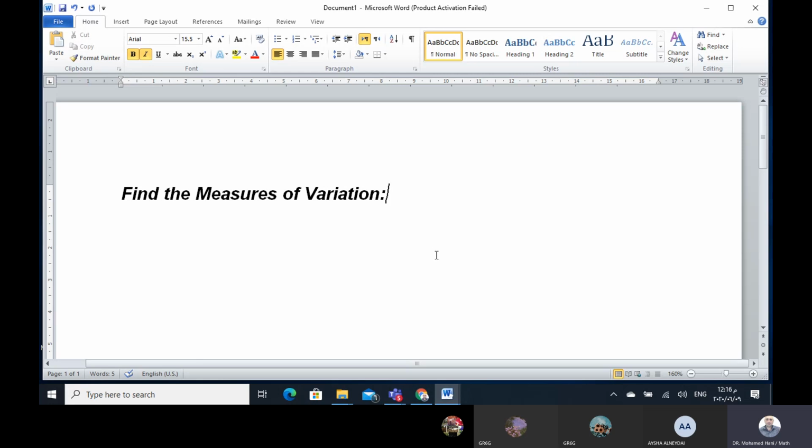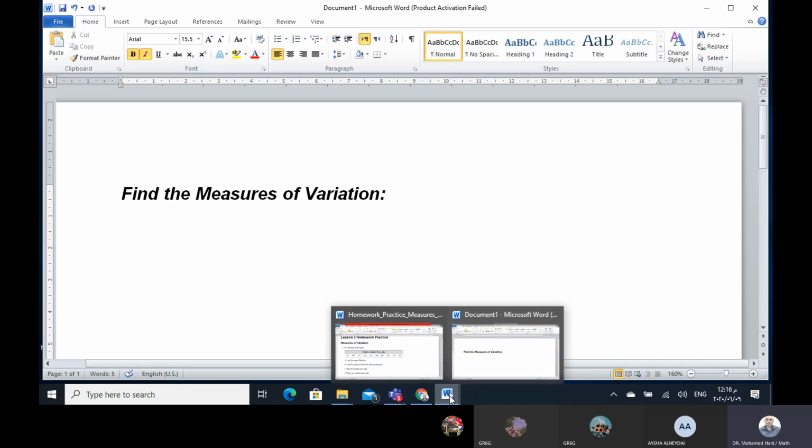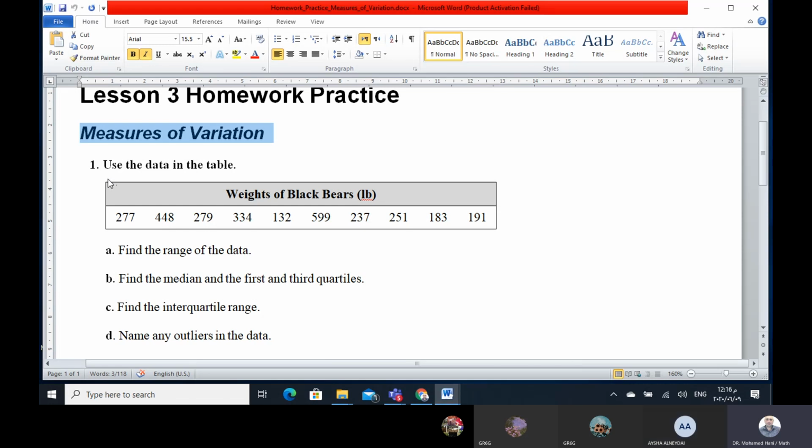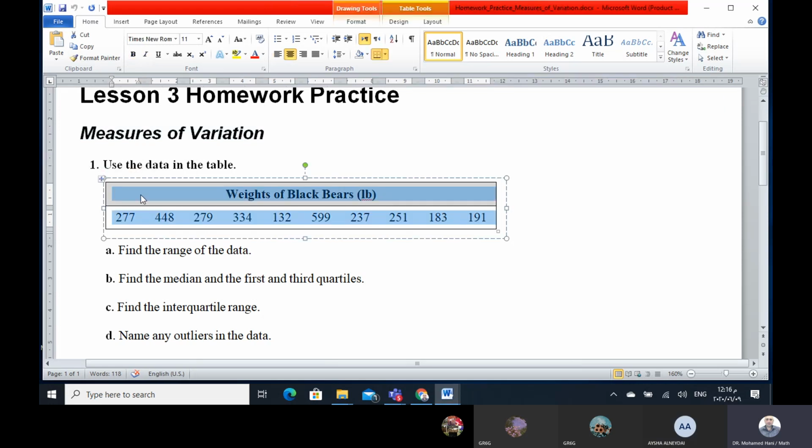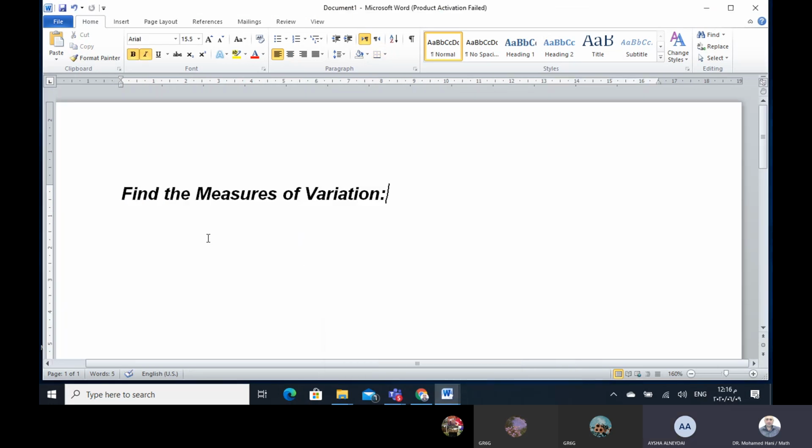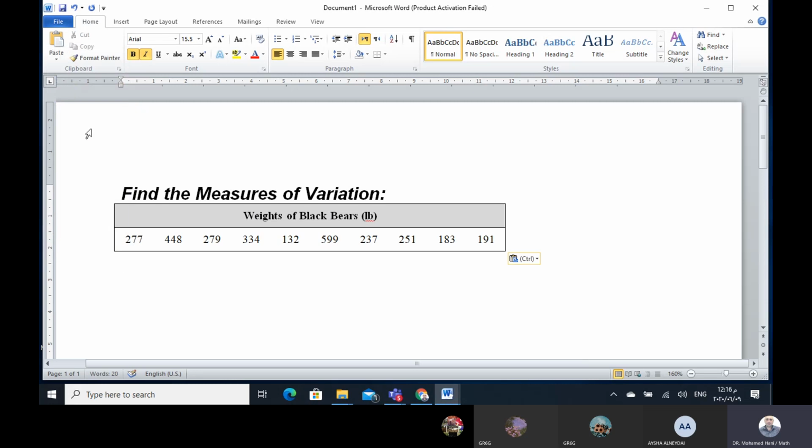We have 4 main measures: the range, the first quartile, the third quartile, then the interquartile range. So now we have this table of data. I want from all to prepare any paper or the notebook, and you have the data inside this table. Find the range.